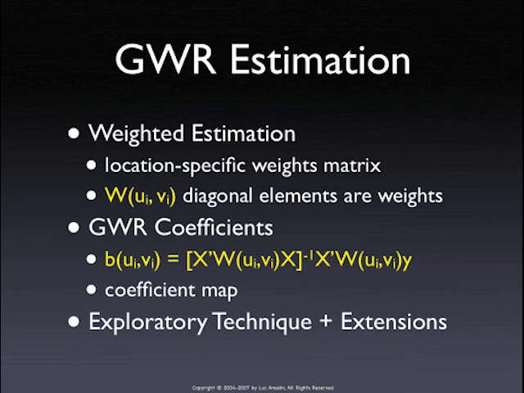The proper weight is obtained by taking their distance to the reference point, sticking that distance in the kernel function, and that yields the weight that that particular observation will contribute to the estimation of the slope at that point.